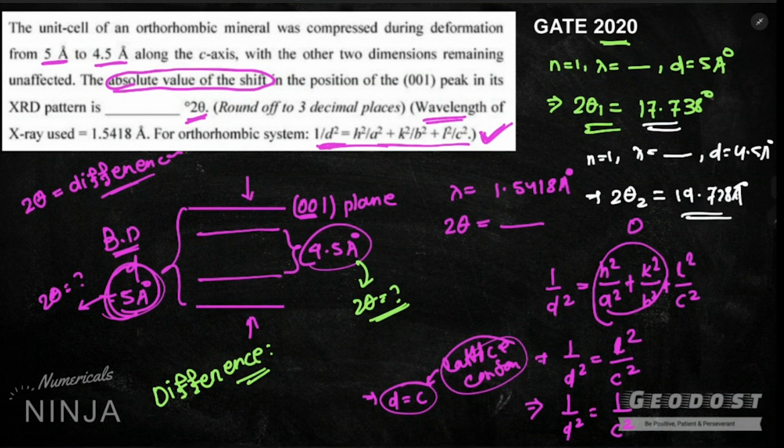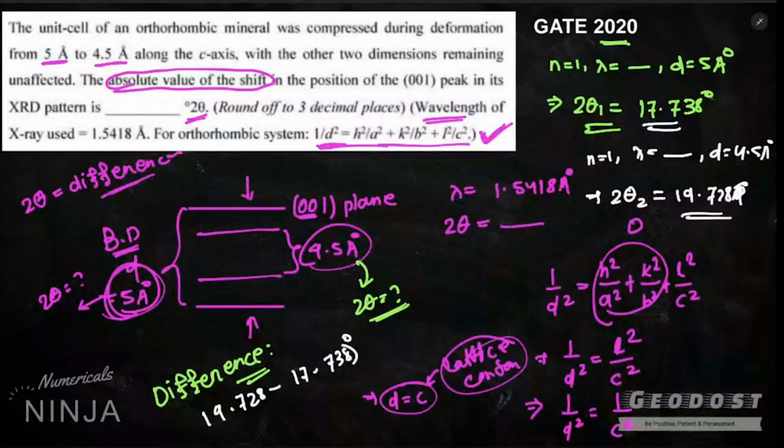Okay, so what is asked: what is the shift in the 2 theta position? So how much will it be? The difference will be 19.728 minus 17.738 degree. Here it is asked in 2 theta, okay, 19.728 is not angstrom, it is degree. What will it be? It will be 1.99. Okay, the answer will be 1.99.